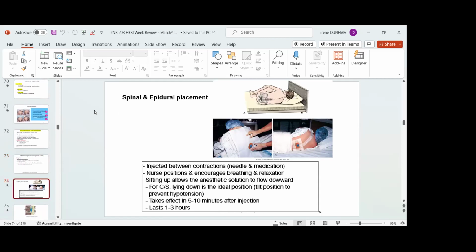A spinal or epidural placement is really good for pain relief during labor. This one actually takes the pain of the contraction away. She's anesthetized from about the waist down, so she doesn't feel her legs, and you have to help her position.